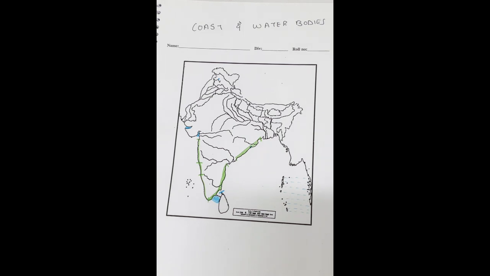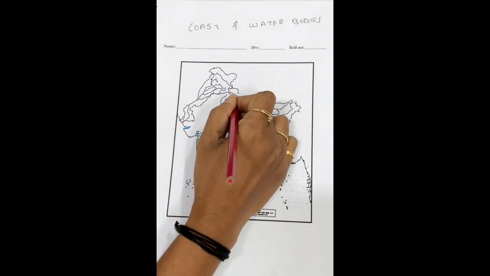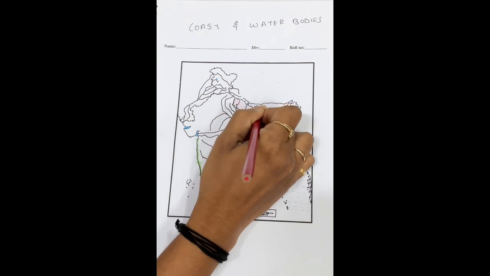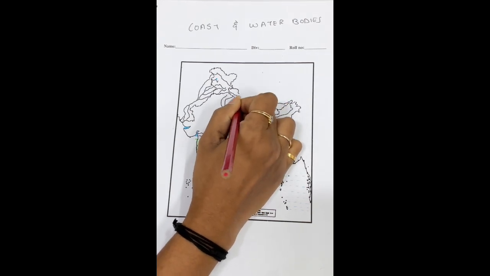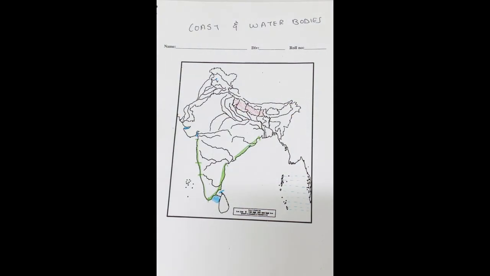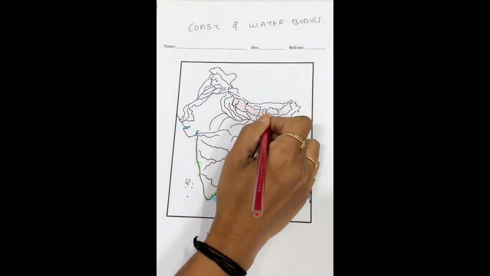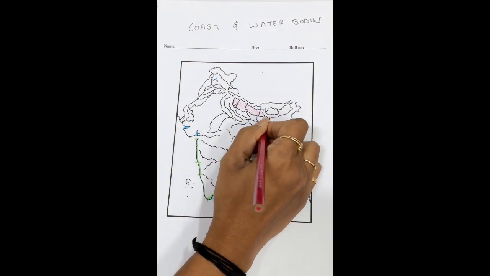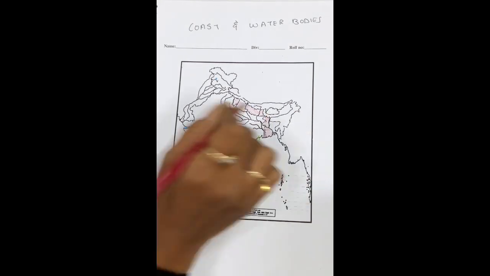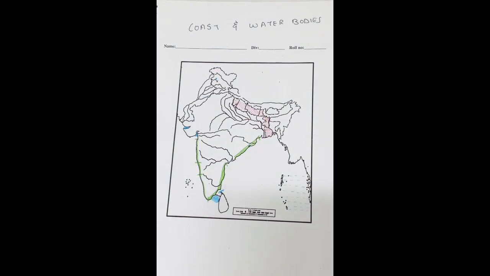Now before I mark Indo-Gangetic plain or Gangetic plains, let me show you one thing which is not part of your marking, but this is just for your reference, that this is Nepal. So when you do marking, your marking should not go in Nepal. Now here if you see, this is Bangladesh. So make sure your marking doesn't go in Bangladesh.